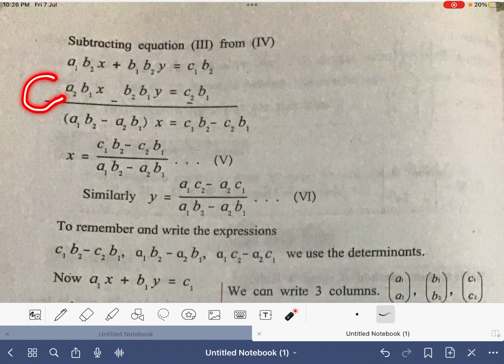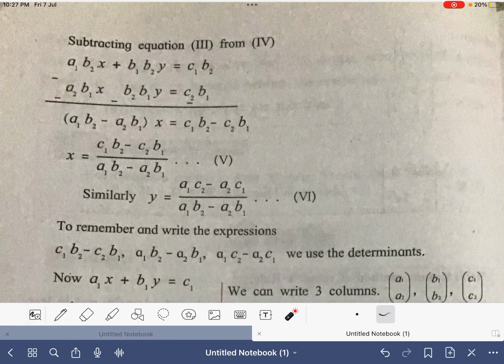So this minus will interact with a2b1x, and a2b1x is initially a positive term, and because of this minus, sign inversion takes place and this becomes minus.